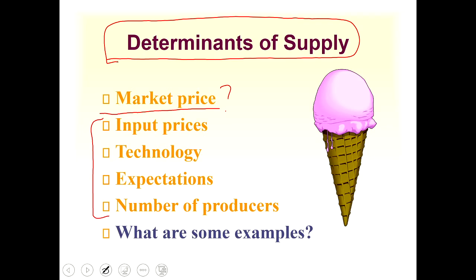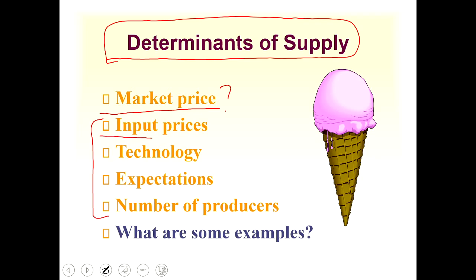So for example, the first one, market price. If the price of ice cream increases, the profit of suppliers will increase. So they will be willing to supply more ice creams. But if the price of ice creams decreases, then the profit of suppliers of ice creams will decrease. So they will supply less ice creams. So that's the first point.